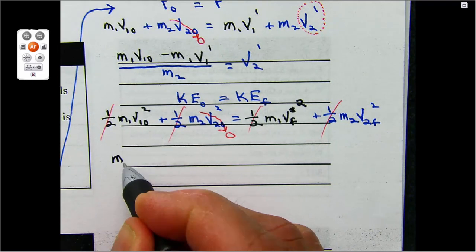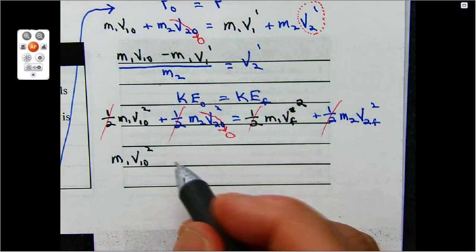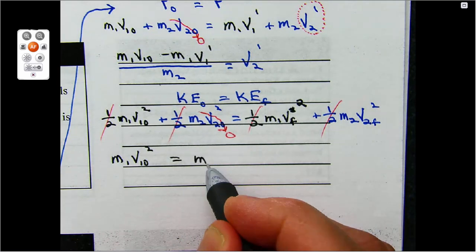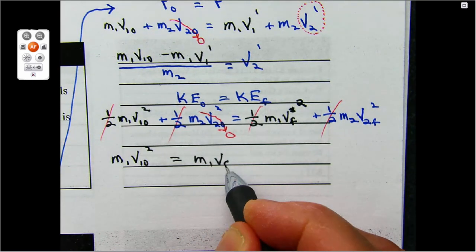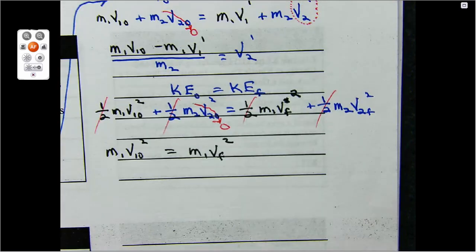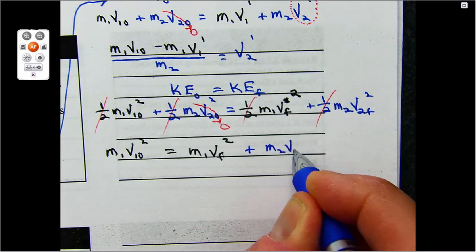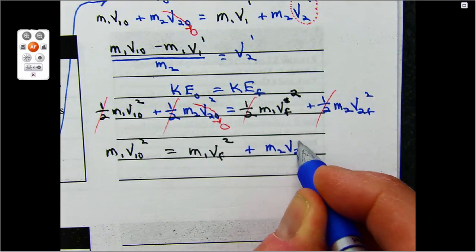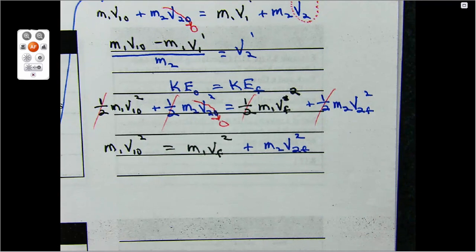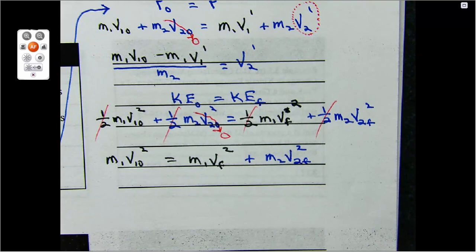Right now we have M1 V1 initial squared equals M1 V1 final squared, which is the same as my prime, plus M2 V2 final squared.